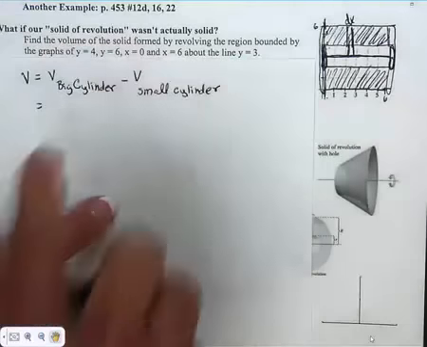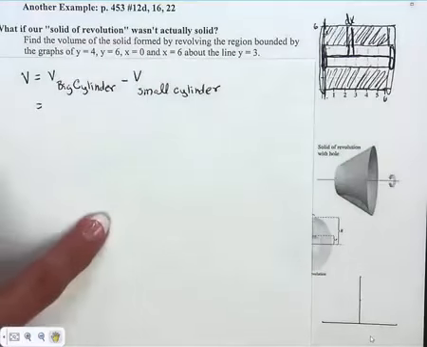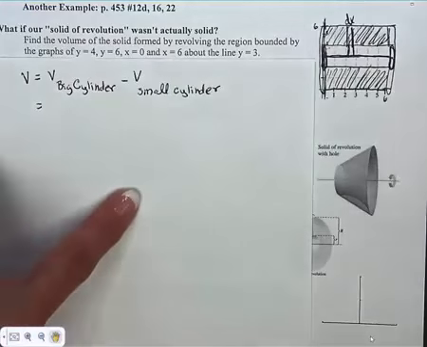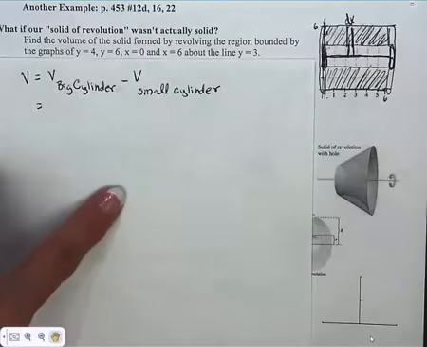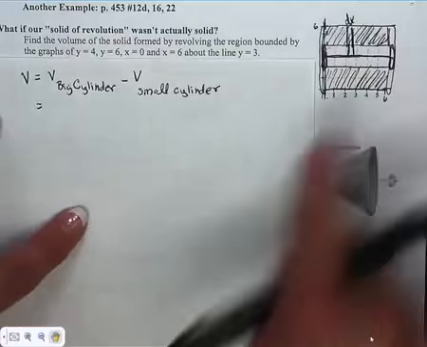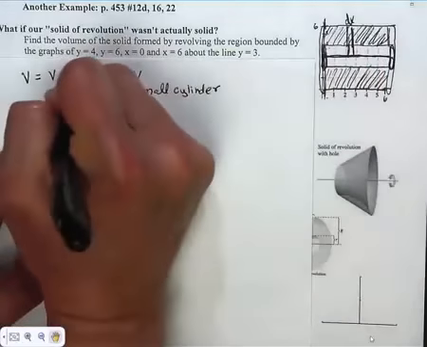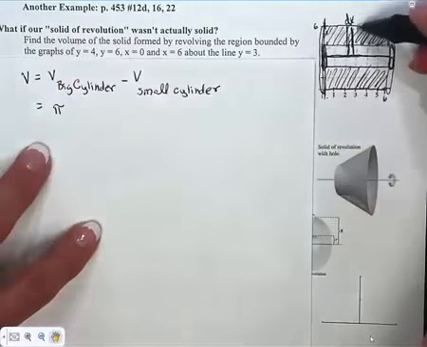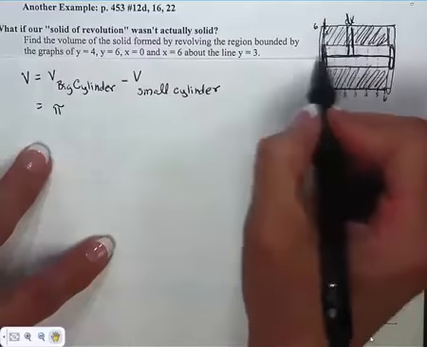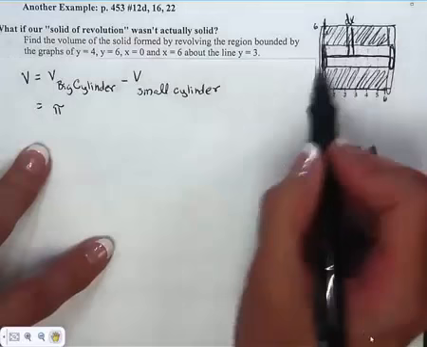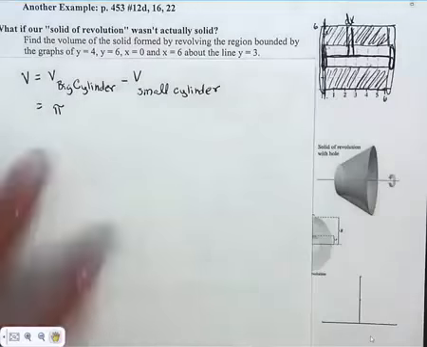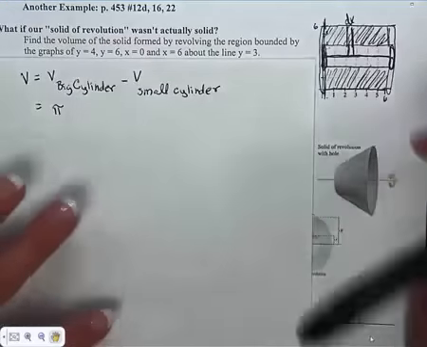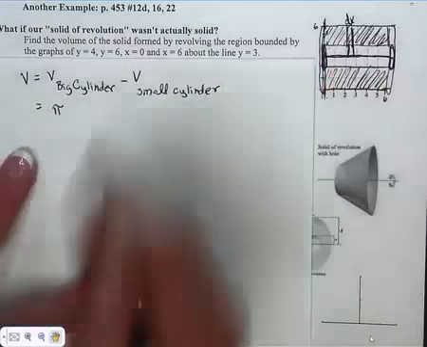How do you find the volume of a cylinder? Pi r squared times the length. So this cylinder has volume pi times what's the radius of that cylinder. If you take the whole radius from y equals 6 to y equals 3, that cylinder would have a radius of what? 3.